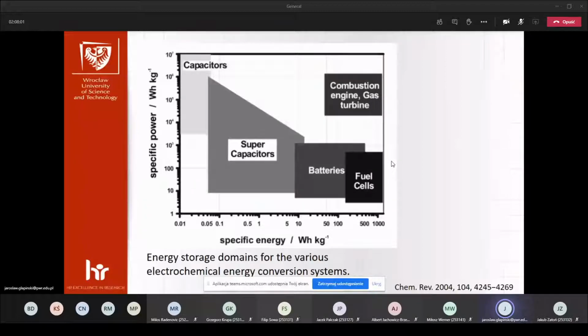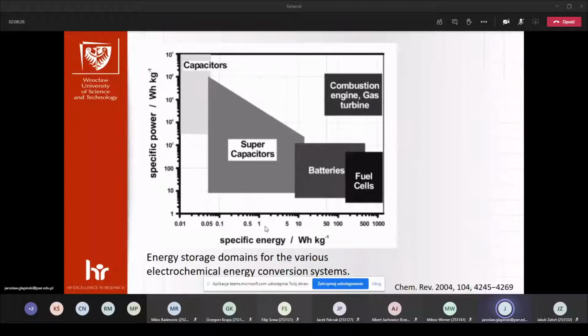Is it the future of our system? I don't know. Nowadays, lithium ion is a good solution, but I don't know if it's good for our environment, because lithium is very expensive and it's not good for our health.